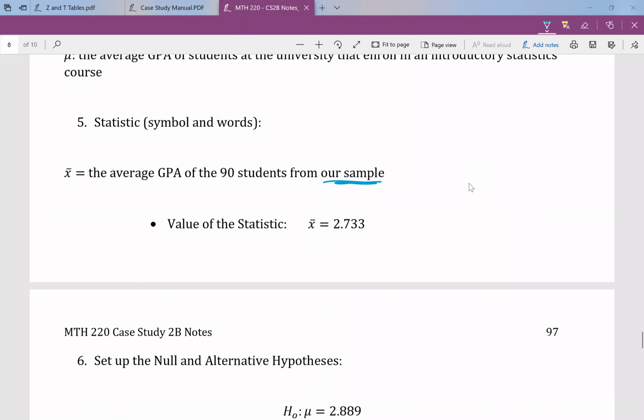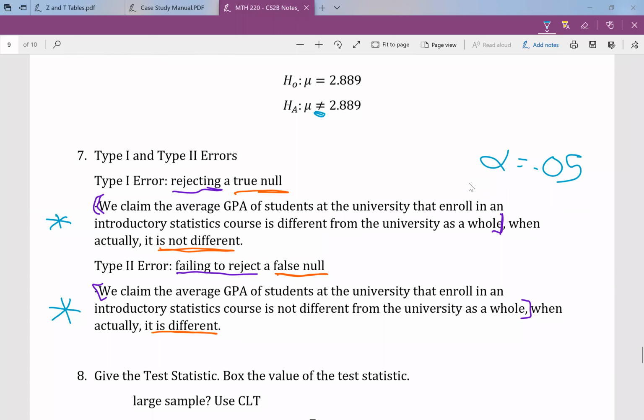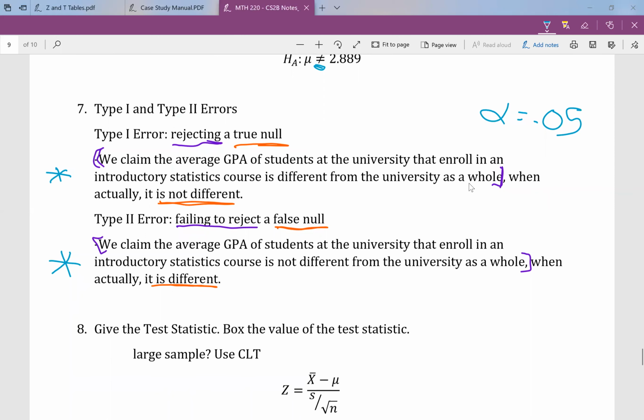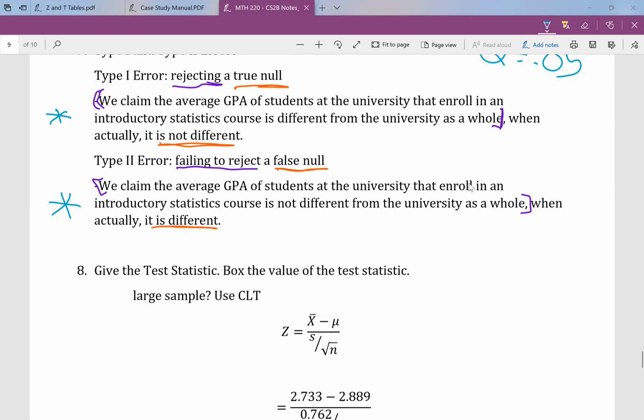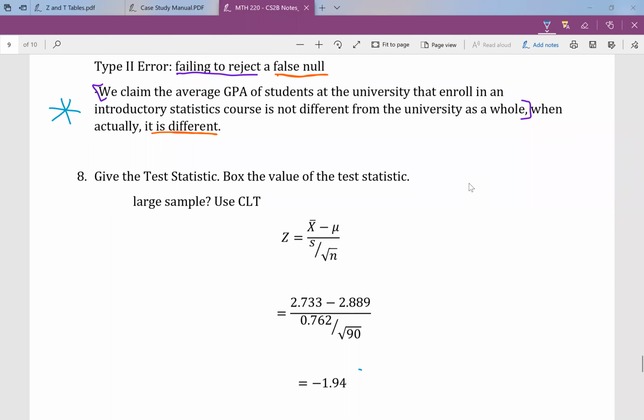We do have a large sample, so let's use the central limit theorem. That means we're going to use our Z test statistic. Take a moment, plug in, and see what you get. You should get around negative 1.94. Box in that test statistic value.